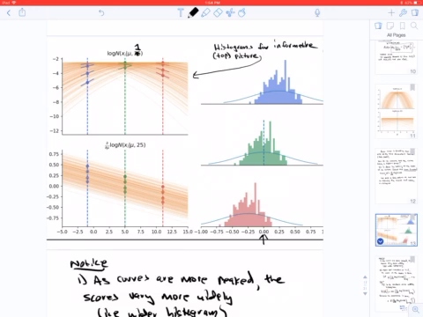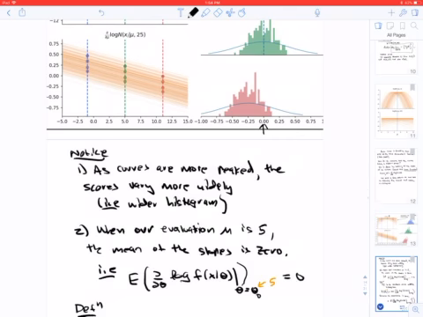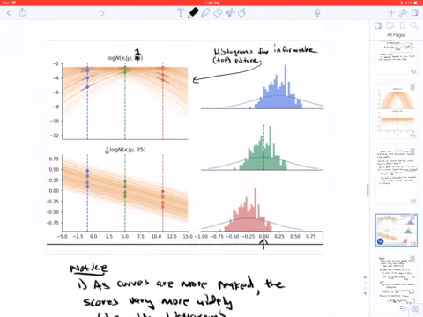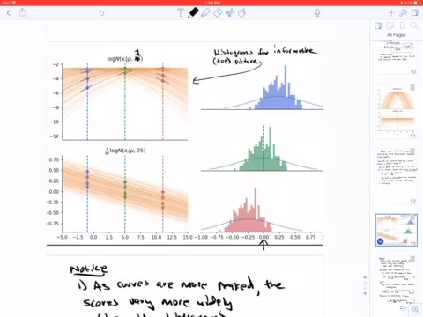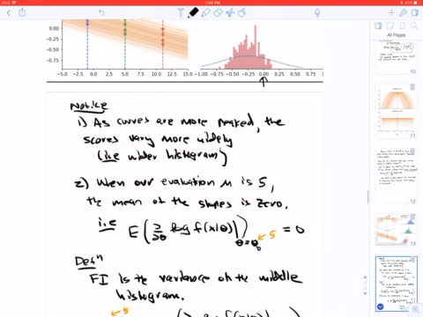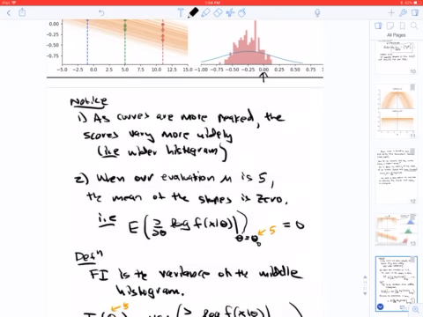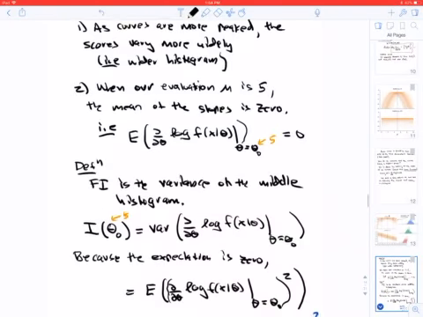We have some slopes that are positive, some that are negative, but on average it's 0. So when our evaluation of mu is 5, which is the true value, we see that the expectation of the scores is 0.